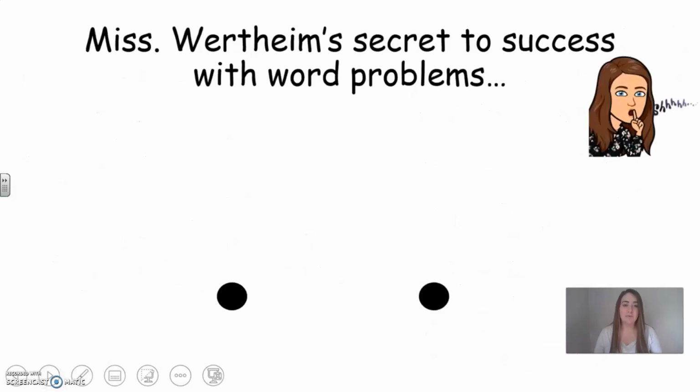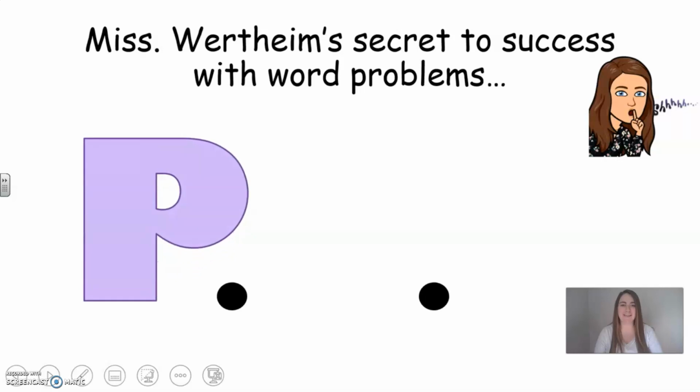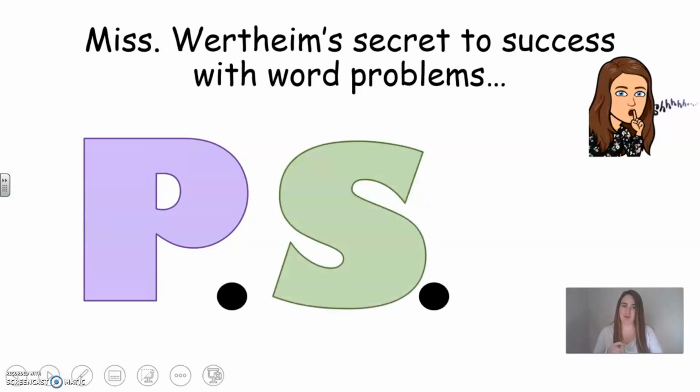So let's go over my secrets to success with word problems. Now remember, there's 3 letters. Do you remember what those 3 letters are? Tell them to me. P stands for problem. S stands for solve.